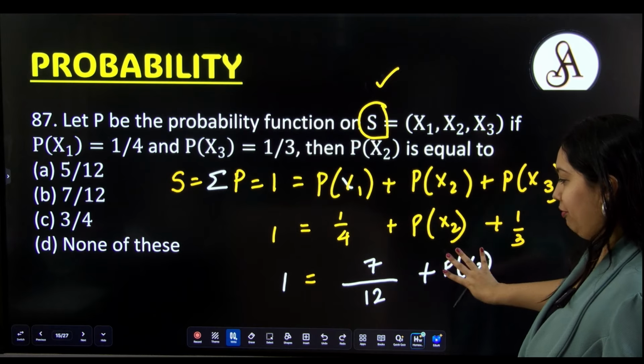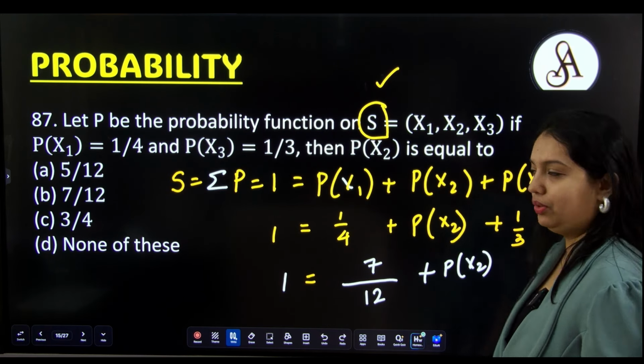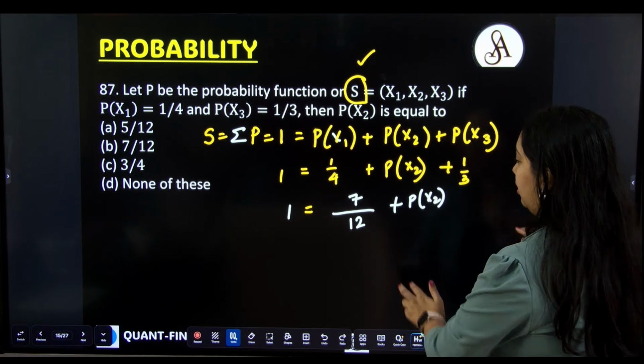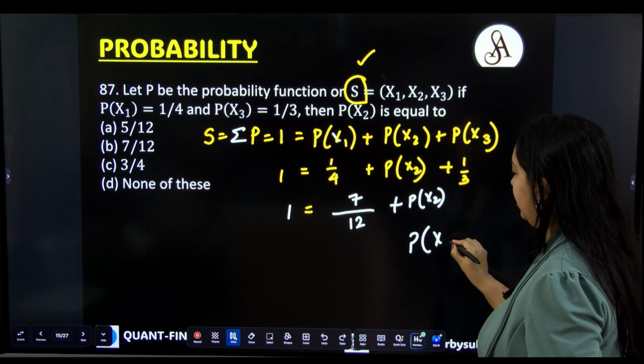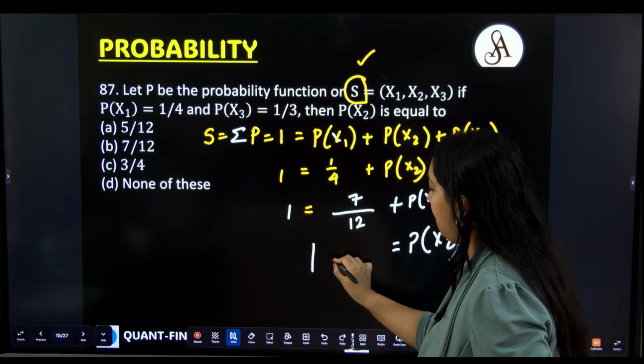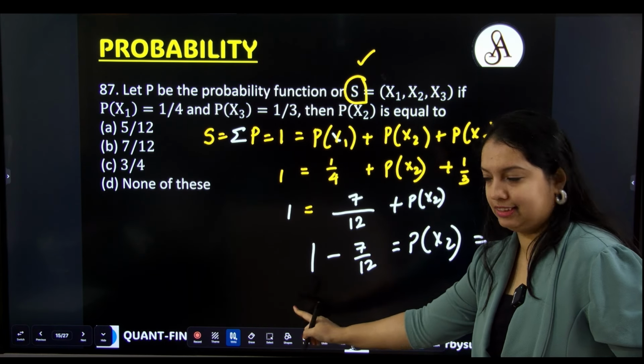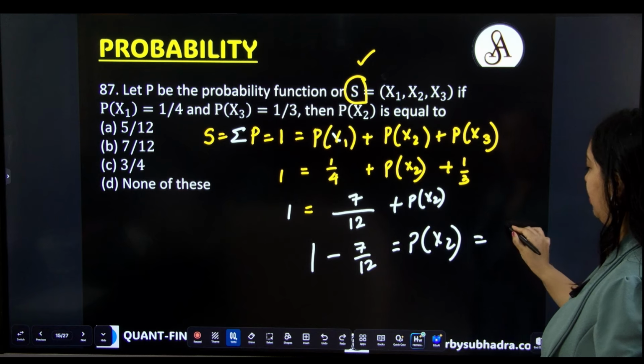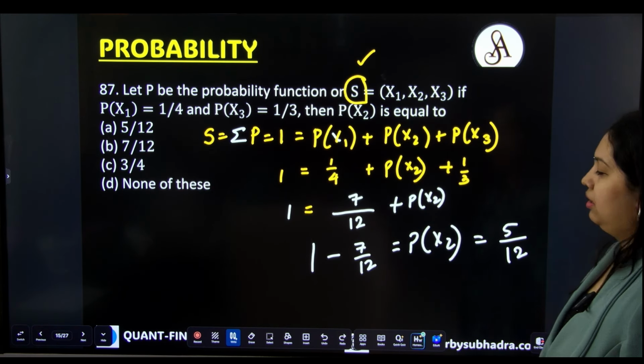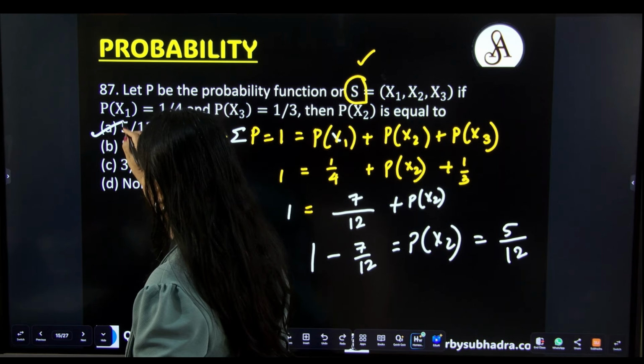Now if I want P of x2, take this 7 by 12 to the left hand side. P of x2 is equal to 1 minus 7 by 12. Take 12 as LCM. 12 minus 7 will be 5 divided by 12. So option A is correct.